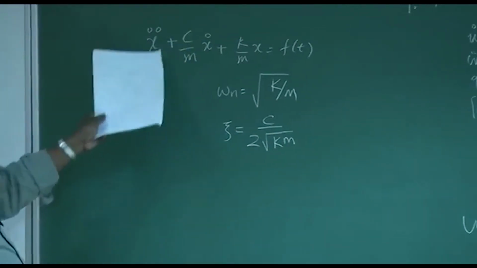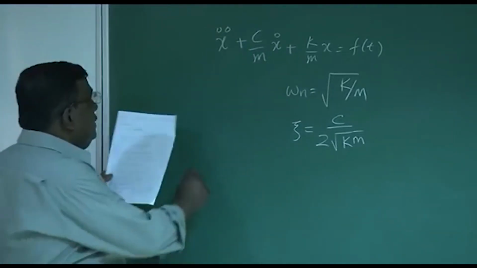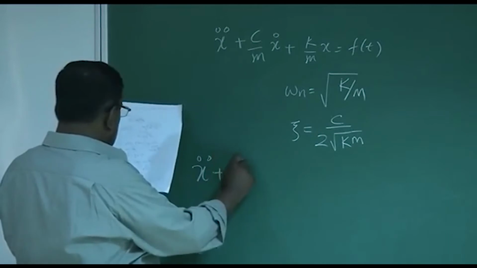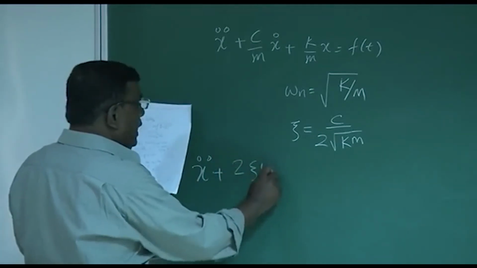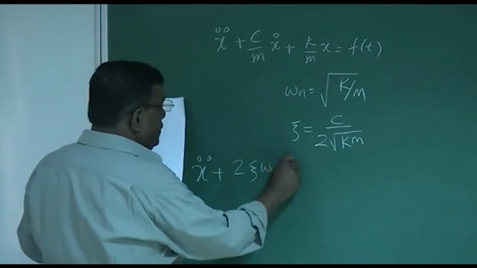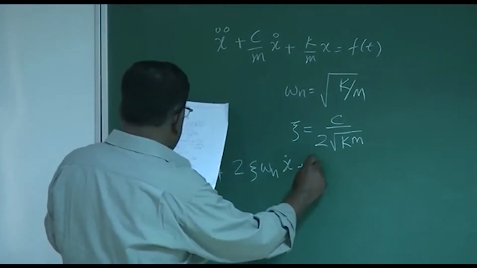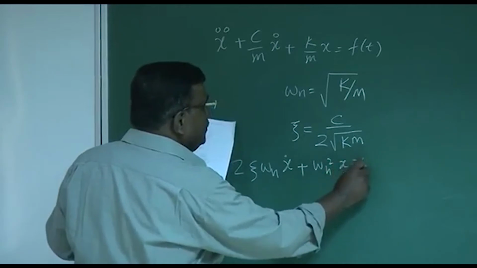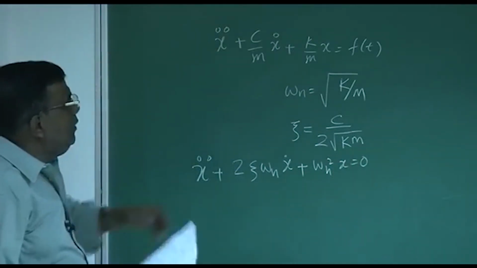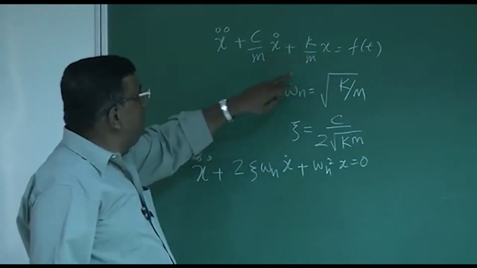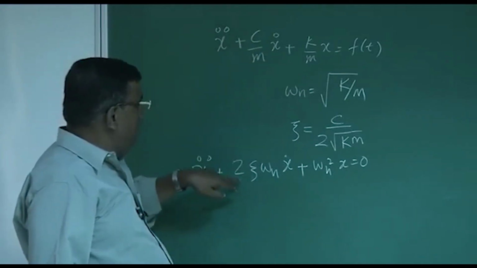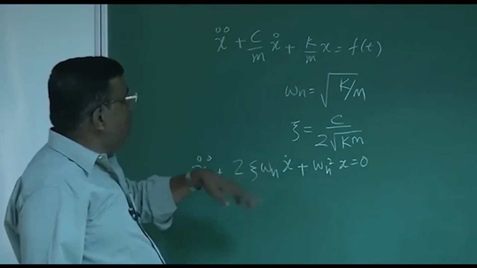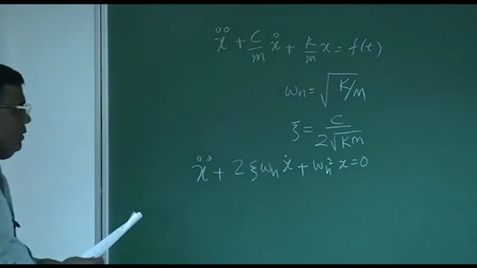And then if you substitute here, you can write this as x double dot plus 2 zeta omega n x dot plus omega n square x equal to 0. See, for k by m, omega n square has been written. For c by m, we have written 2 zeta omega n, and x dot is here, and that is how I can write this equation.